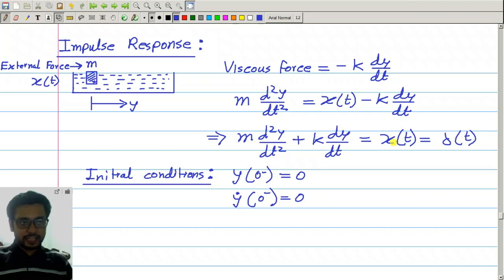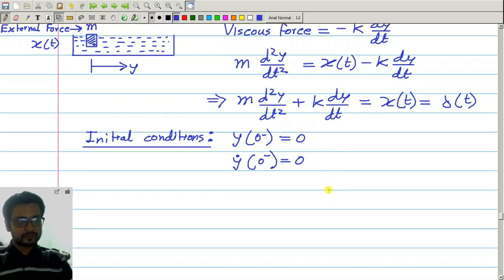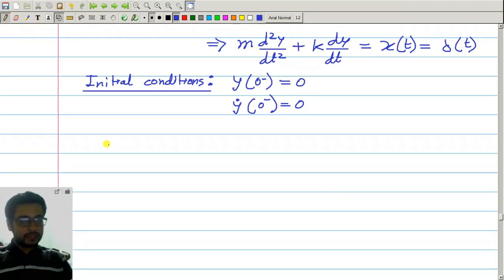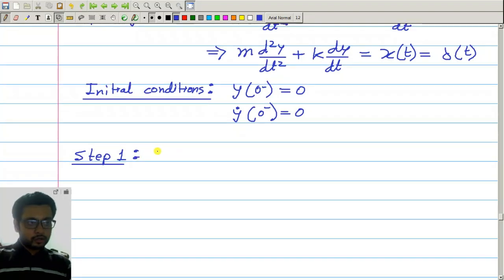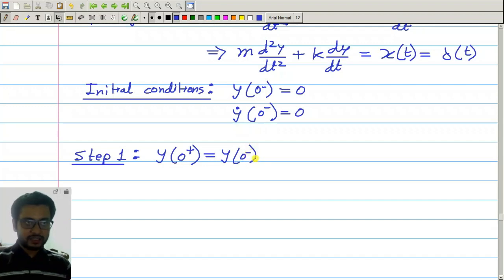Now let us try to solve this equation, and as usual we will solve this equation in 2 steps. Step 1, we will argue that y(0+) should be equal to y(0-), that means 0, because y must be continuous.